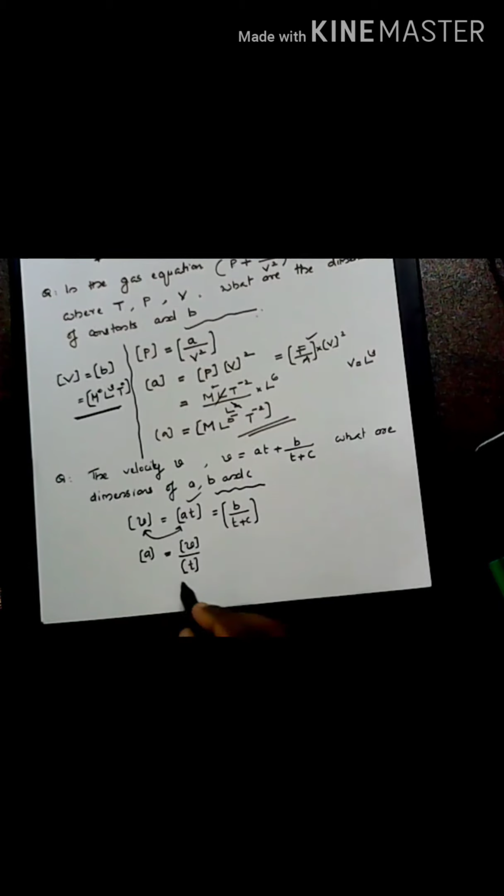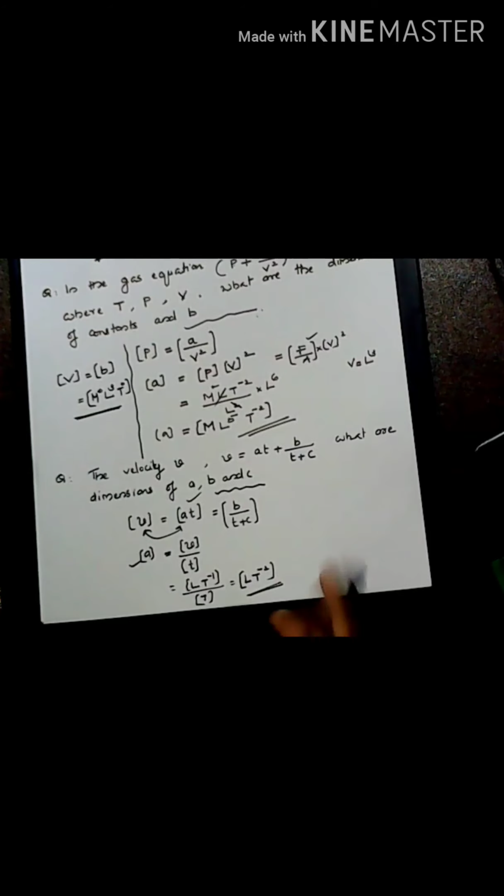We know the dimension of velocity is what? As L T raised to minus 1, that division by t, and we get the value as L T raised to minus 2. So that is the answer for A.